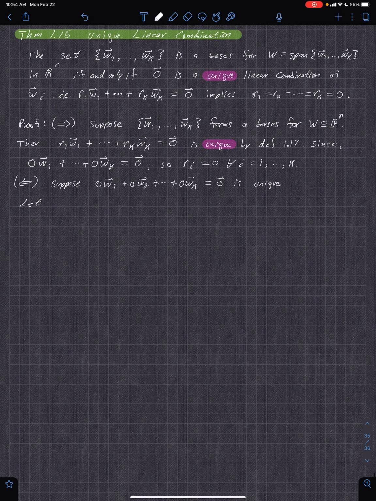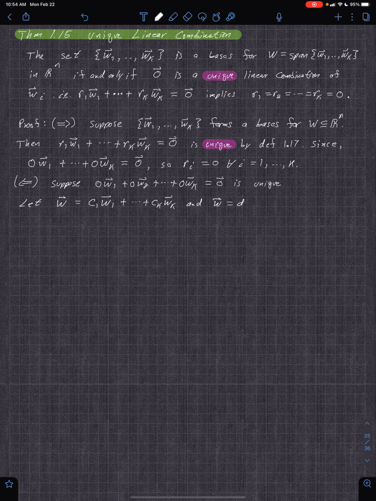So now let w equal c1w1 plus, etc., down to ckwk, and let w equal something different, two different possibilities.